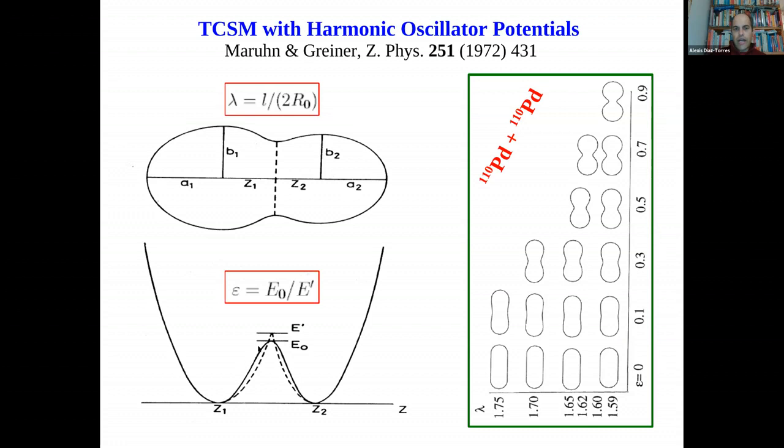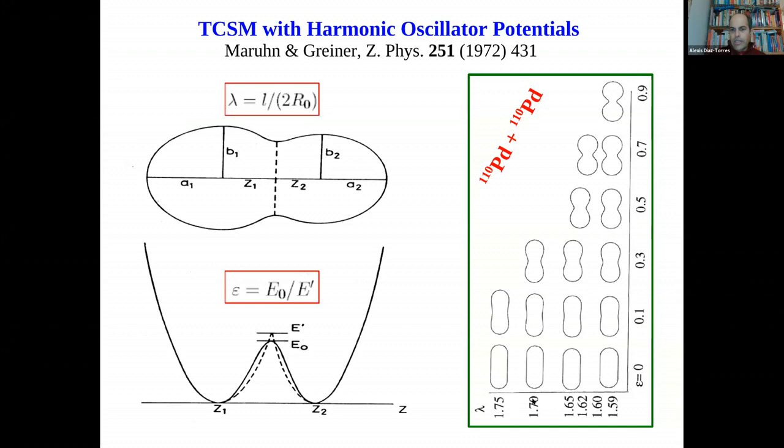You can imagine that we can interpolate the two harmonic oscillators smoothly using a polynomial function, and the ratio between these two values of energies is defined as epsilon. Here you can see a family of nuclear shapes as a function of epsilon, which is associated with the neck. As epsilon increases, we have a neck with a small radius, and as epsilon decreases, the radius of the neck increases.